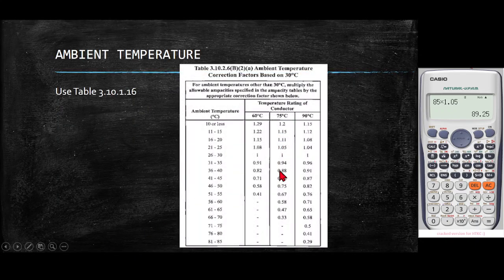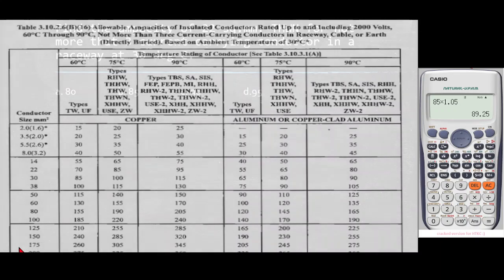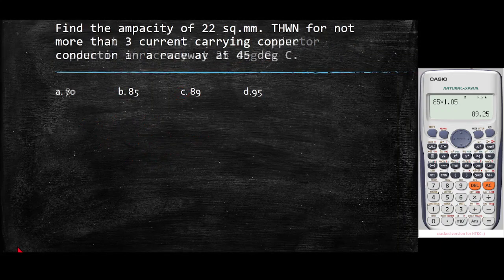Okay. So we have 45 degrees. So 0.82. No? Multiply natin siya ng 0.82. 41 to 45 degrees. Yan. Okay. So we have, so the adjustment now, we have 85 amperes times 0.82.